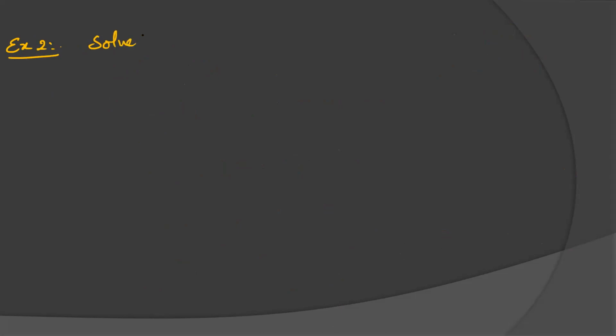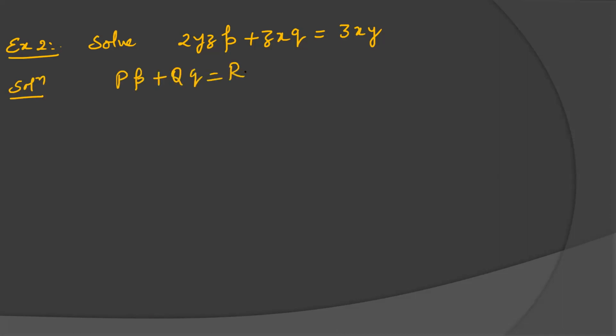Take example 2. Solve 2yz p plus zx q equal to 3xy. We will compare with capital P p plus capital Q q equal to capital R. So what is your capital P? This is your 2yz. What is capital Q?